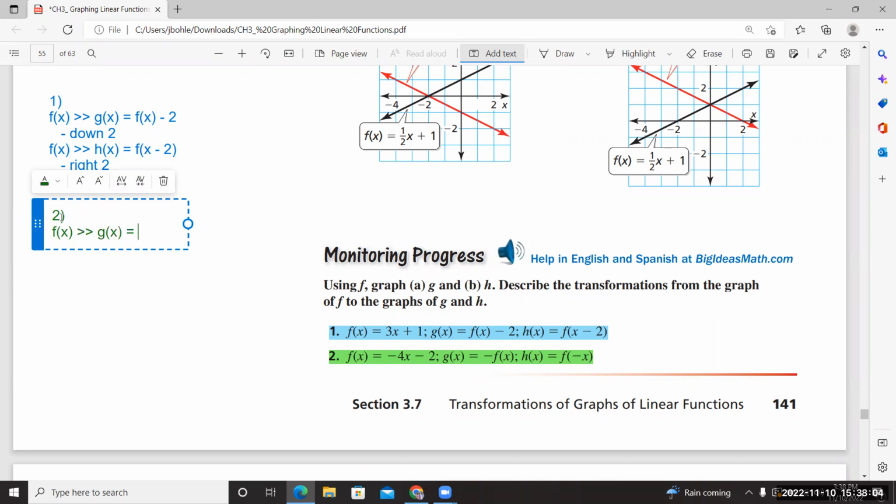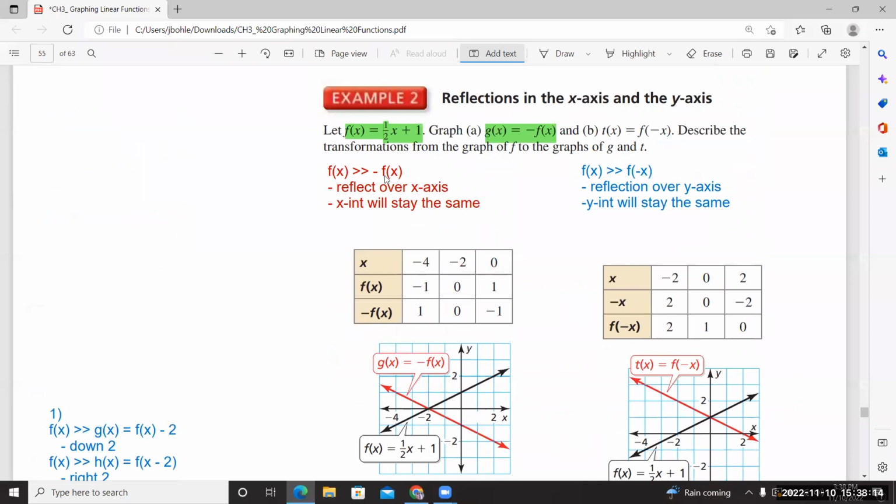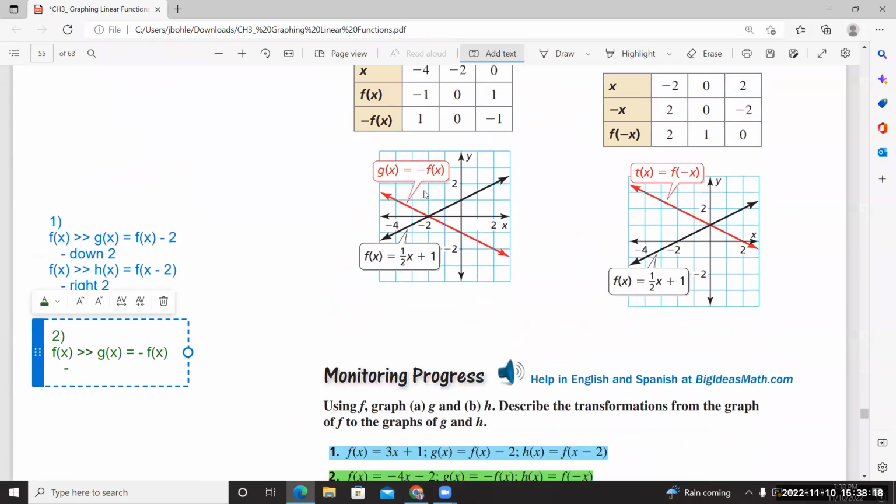And g of x is going to be equal to the opposite of whatever f of x is. And what is that going to do to the graph? Well, we look up at your notes here. It is going to reflect it over the x-axis. All right, and so that's all it does. It doesn't do anything else. It's just a reflection over the x-axis.